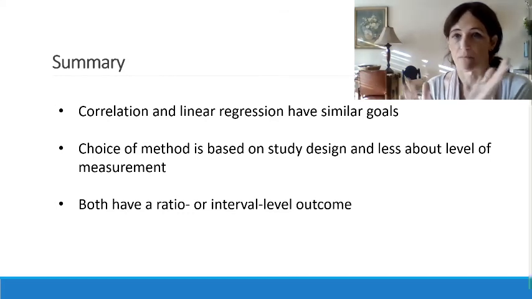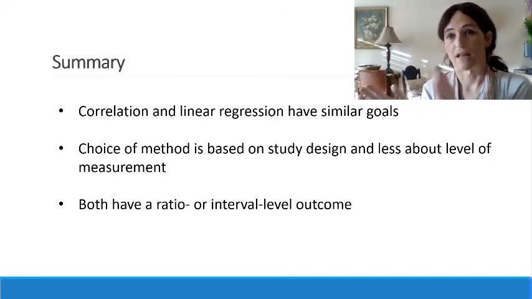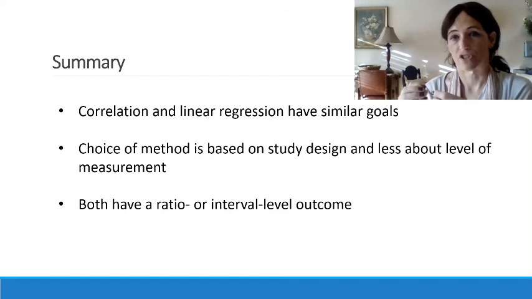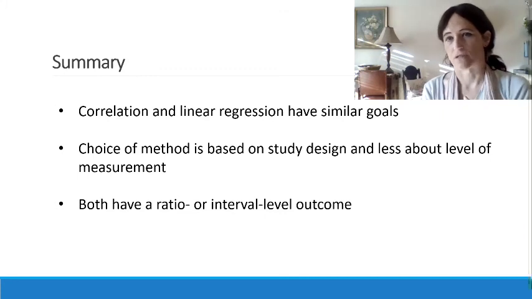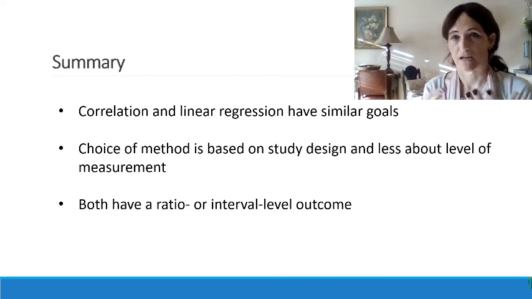Also, please note that both correlation and linear regression have a ratio or interval level outcome measurement. Each approach has its advantages, and even though they're statistically very similar, and we can interpret p-values similarly in the case of a regression coefficient and a correlation coefficient, we're going to want to be mindful of those differences as we move forward because of the way in which we interpret the output.